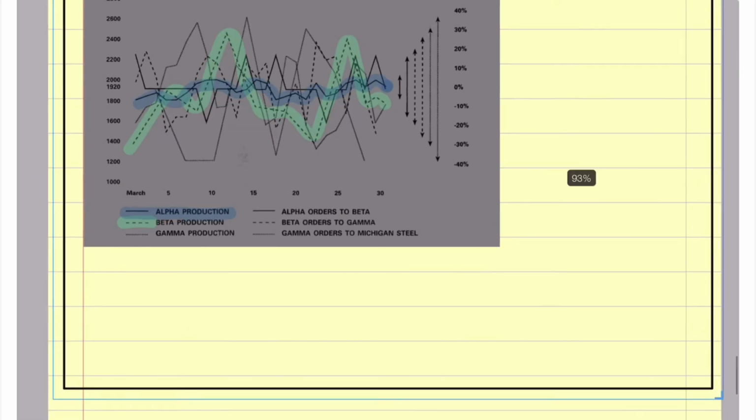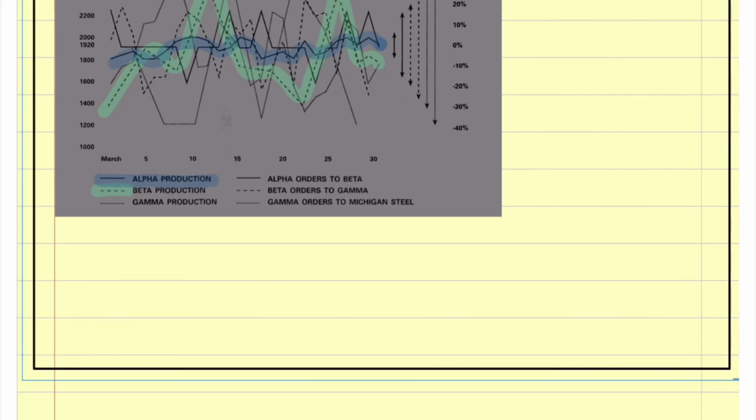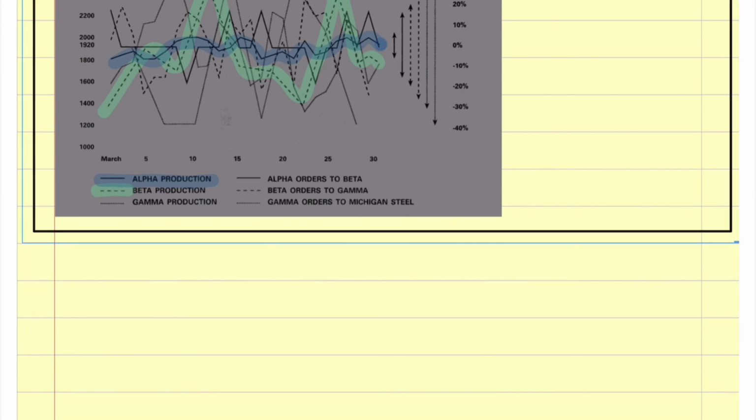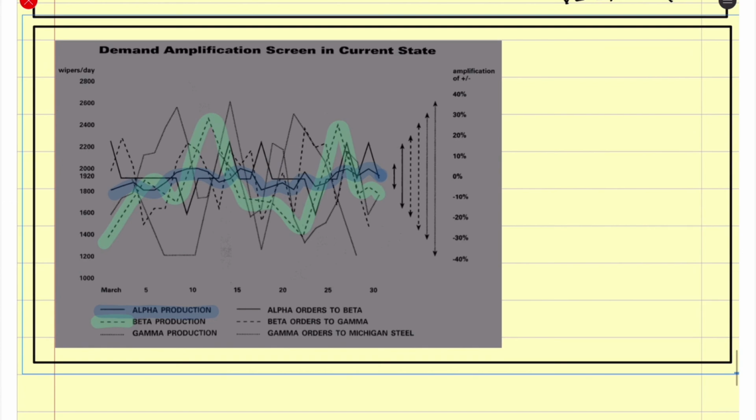We can represent this in a different way, a more compact way, let's say. And maybe then it's easier to understand. What is called the demand amplification screen.